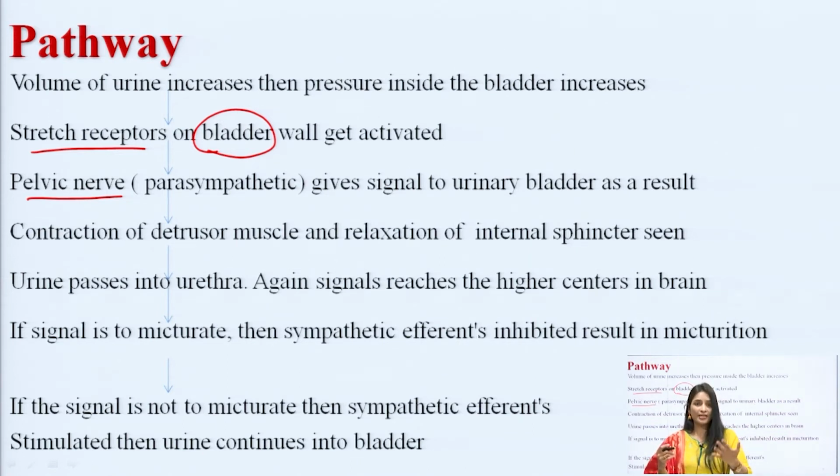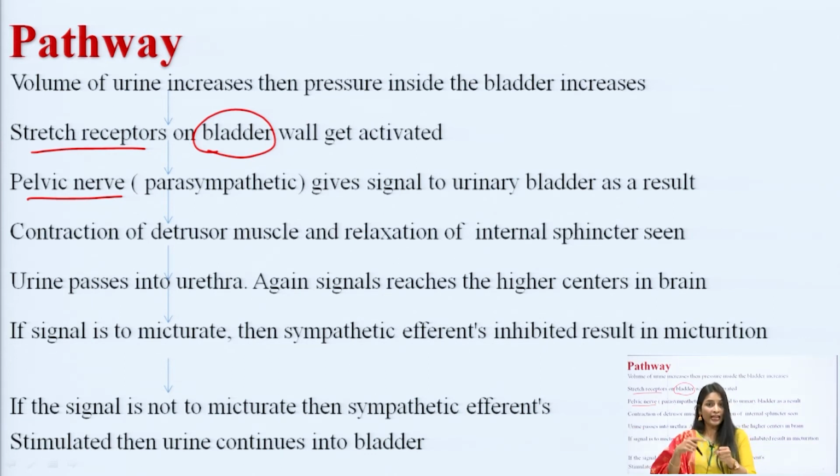So when the parasympathetic nerve has received the signal and sends it to the bladder, the bladder can expel the urine from the body, right? When the urine passes into the urethra and the signal reaches the higher center in the brain, if the signal is to micturate, then the sympathetic nerves will be inhibited. Why will the sympathetic nerves be inhibited?